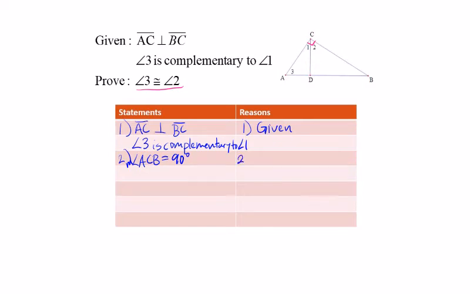And the reason I'm going to put there is definition of perpendicular, right? And also definition of right angles, right? Because the definition of perpendicular says that two lines form a right angle, and then the definition of a right angle is that the measure is 90 degrees.